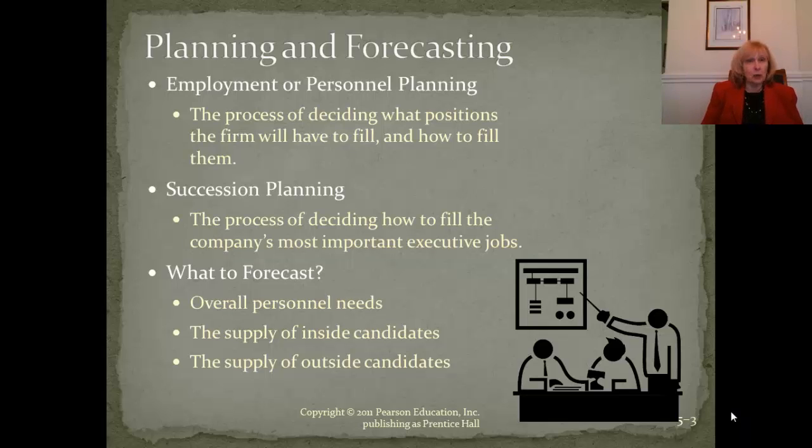So CEO, CFO, COO. So you're really important executive jobs because you don't want to be caught unaware. You might decide that you're going to train, cross-train, coach, mentor, and promote from within, or that you might want to bring in fresh blood. But you want to have an idea of how you're going to do that.